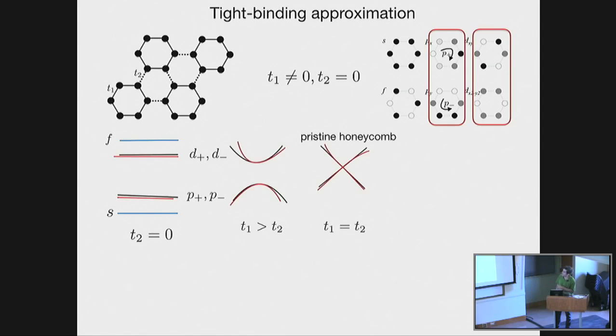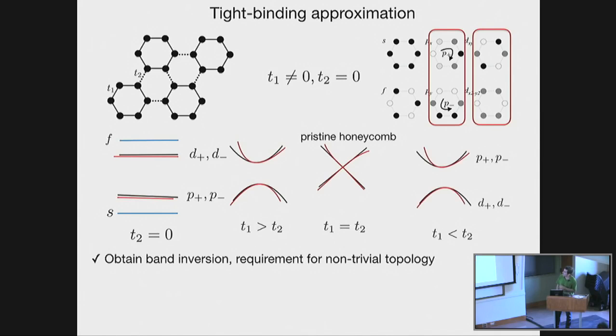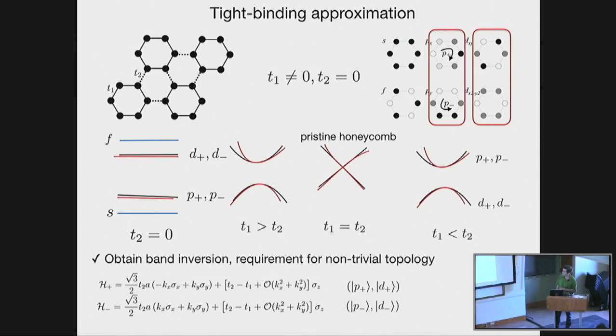In particular, if I have a pristine honeycomb lattice, if T1 is equal to T2, if I have this graphene structure, then we have a Dirac cone. But then when T1 is greater than T2 or T2 is greater than T1, we open up a gap, but with an inverted band. So more specifically, we have two polarizations inside the system.